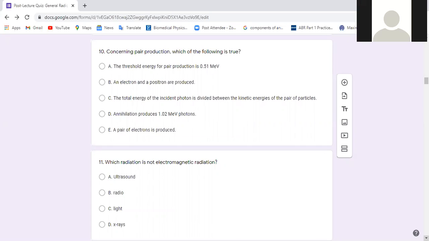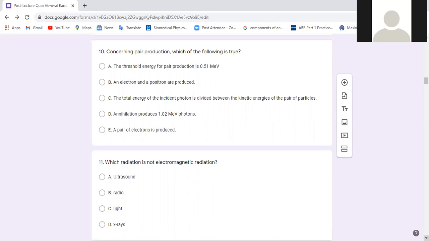I think option B, sir. I pick B. Concerning pair production, an electron and a positron are produced. Straight up, that's the answer. Sir, I pick option B, but what do they mean by the annihilation produces 1.02 MeV photons?